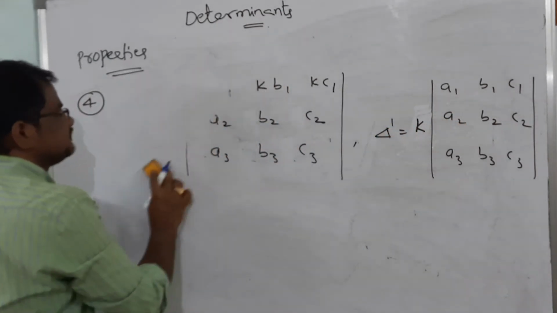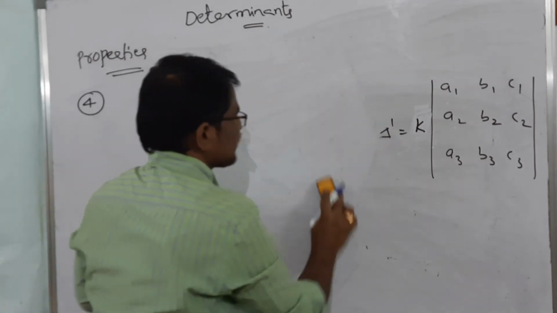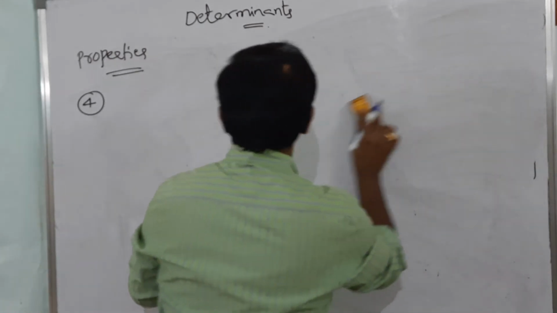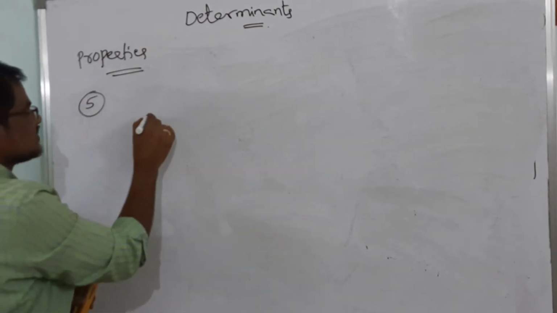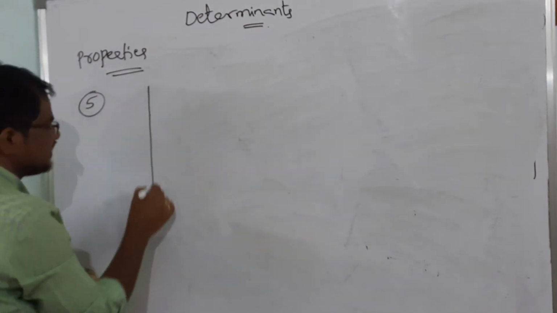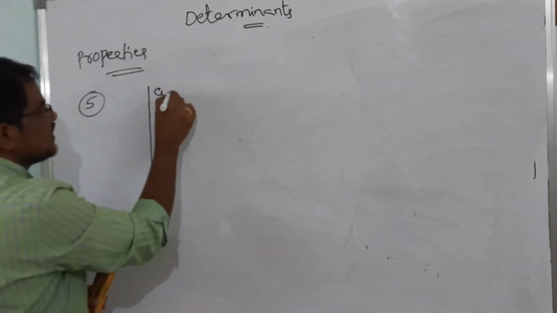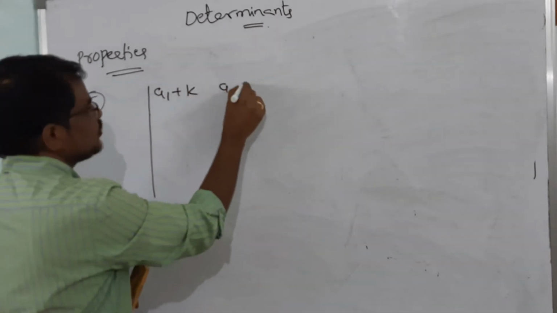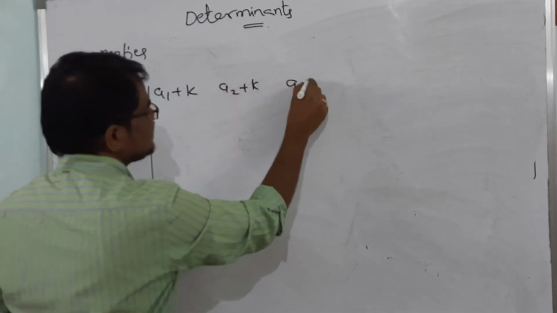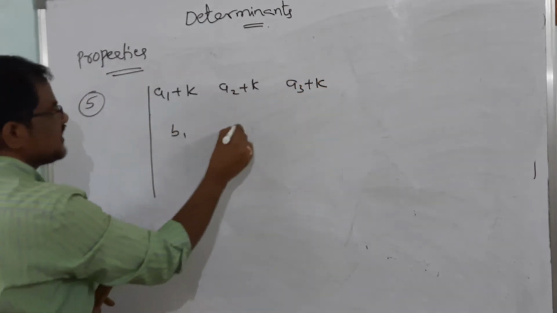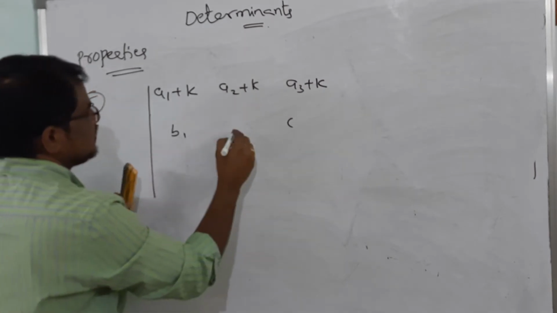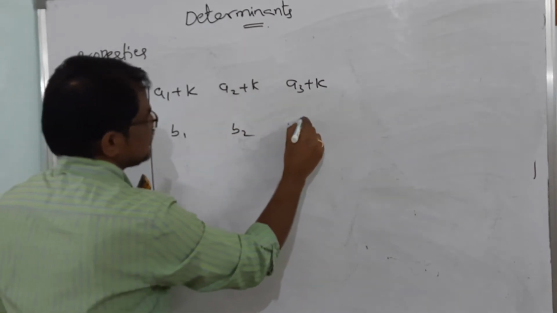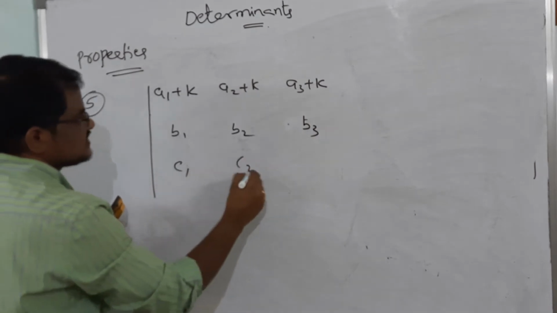Next, fifth one. Suppose one determinant is there like this: a1 plus k, a2 plus k, and a3 plus k, with b1 b2 b3 and c1 c2 c3.